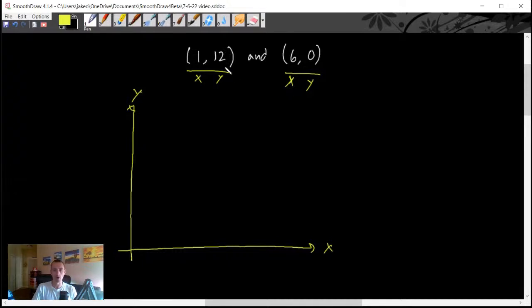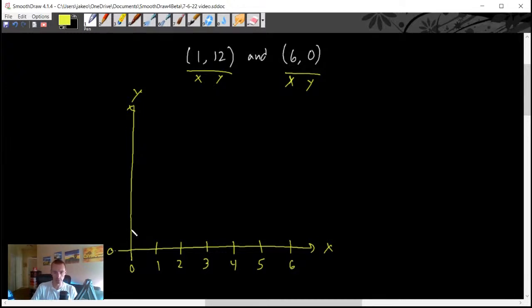So our X coordinates are 1 and 6. So really we want our scale to go up to 6, basically. So we can say 1, 2, 3, 4, 5, 6. And then our Y coordinates go from 0 to 12. So we can start at 0. And then we need to go up to 12.